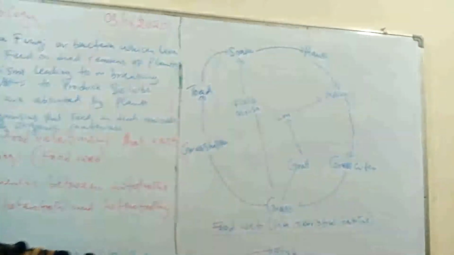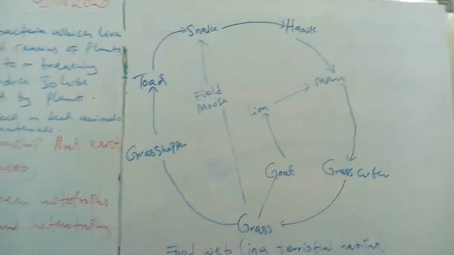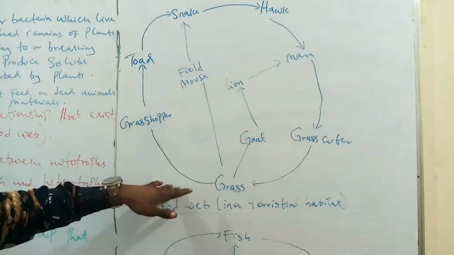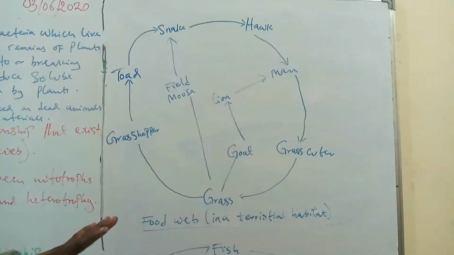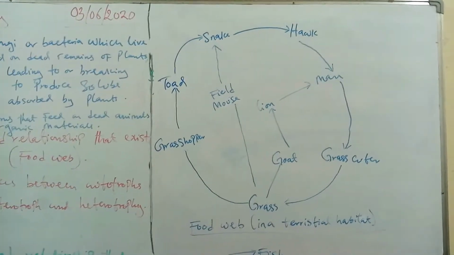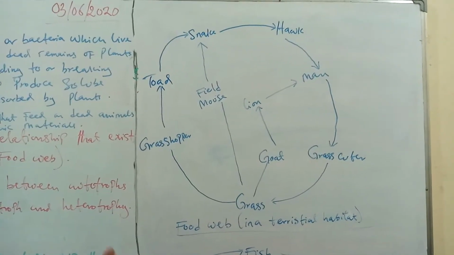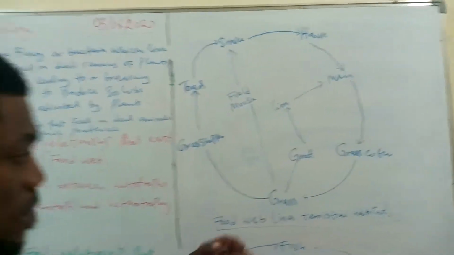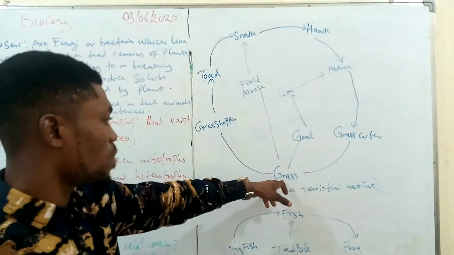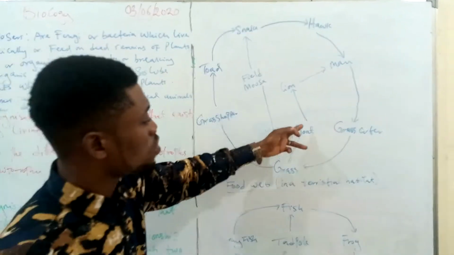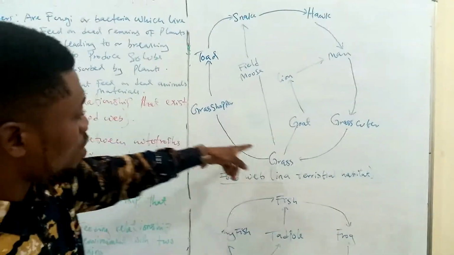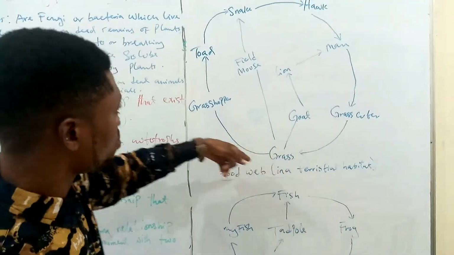Now let's take a good example of a food web in a terrestrial habitat. We talked about organisms, which are plants and animals. So the relationship that exists among living things, e.g. plants and animals. Let's take a look at this now. We have grass. Of course, goats do feed on grasses. Grasshoppers do the same. Grasscutters do the same.